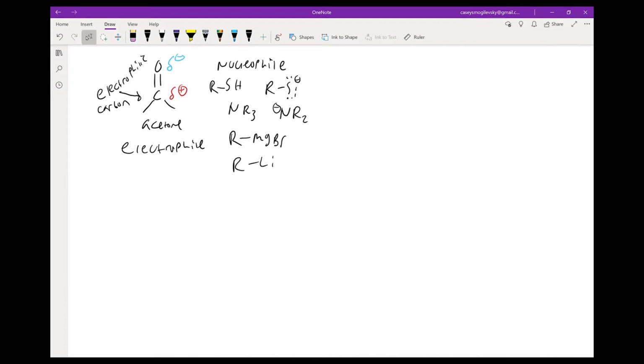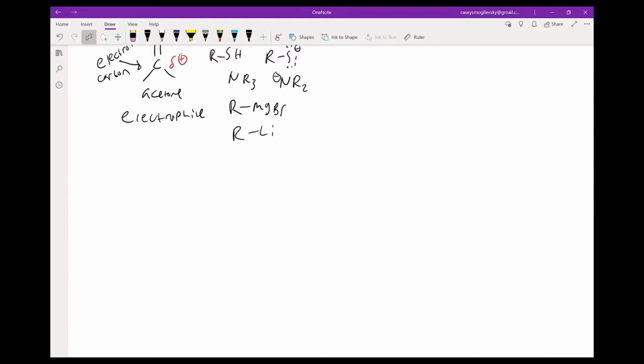Let's take the case of the amine, for example. The amine has a lot of electron density in this lone pair, or on this nitrogen, because it's also electronegative and will suck the electrons away from these R groups, which are usually carbons, or also hydrogen sometimes.